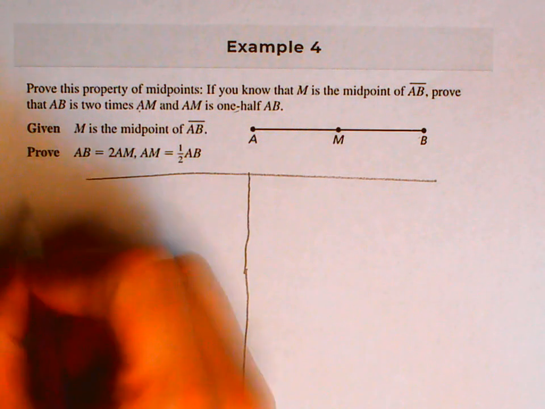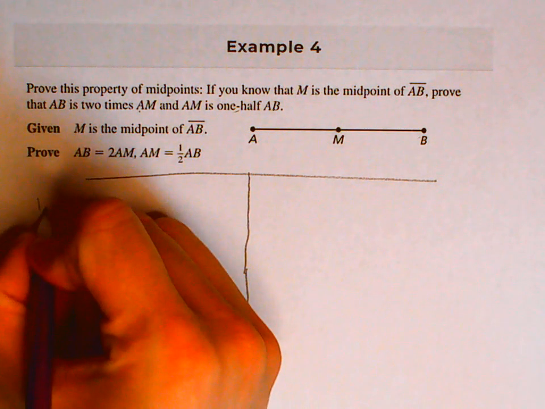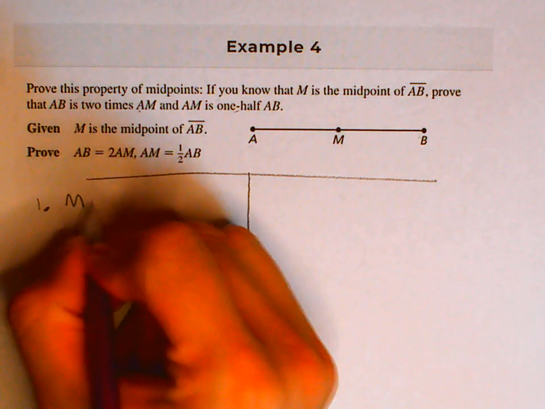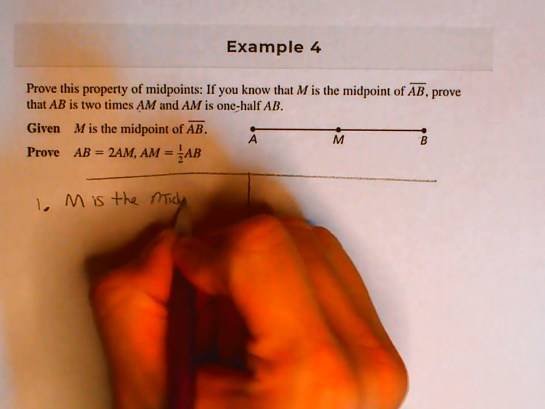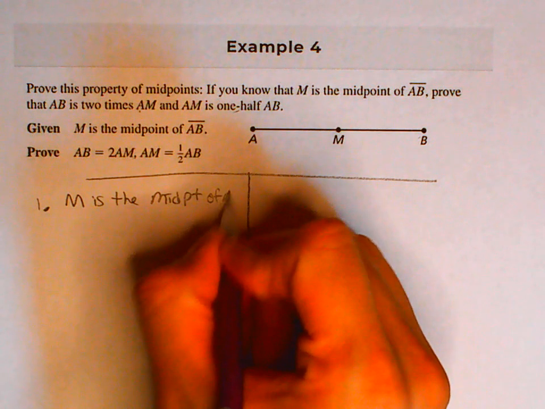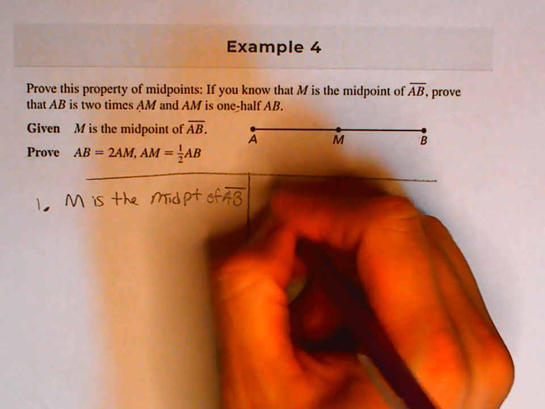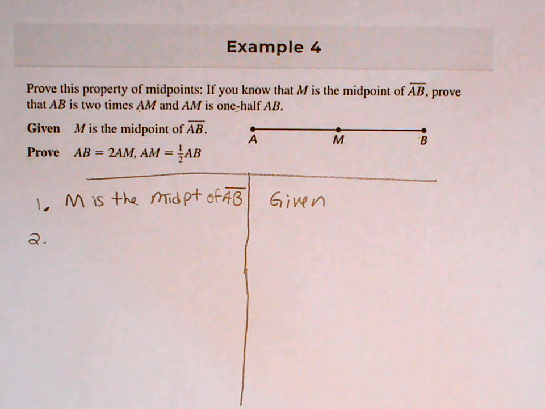Okay, so this looks familiar. We have talked about midpoints before. Okay, so M is the midpoint, I abbreviate midpoint, of AB. Okay, that's given. So what does that mean?